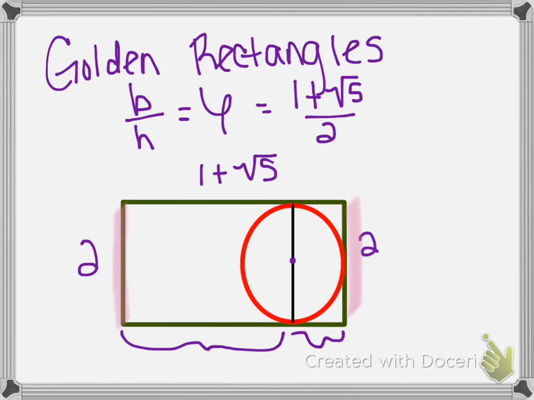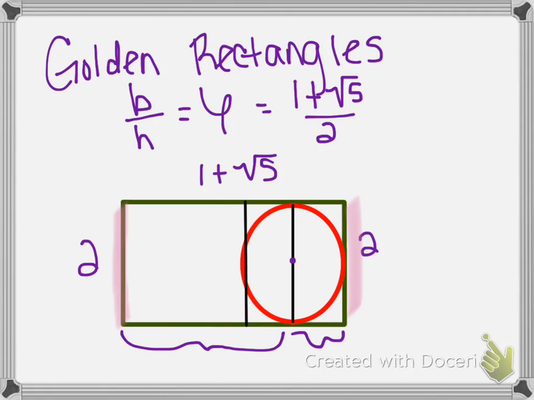Let me draw another line in here just to give us a visual. There we go, that looks better. It's pretty close, but if that line is right there on the outside of the circle, just tangent to it, notice then we have a square.